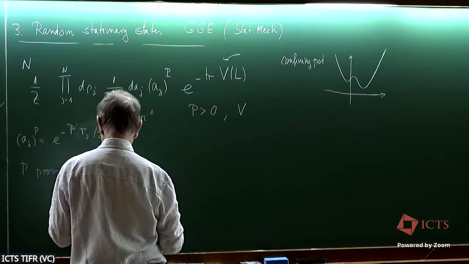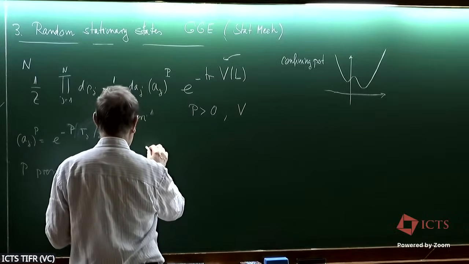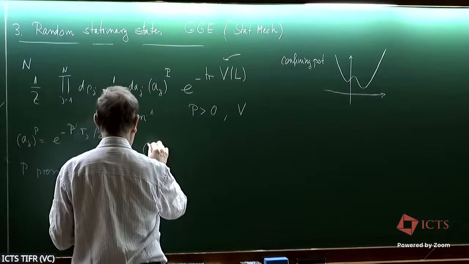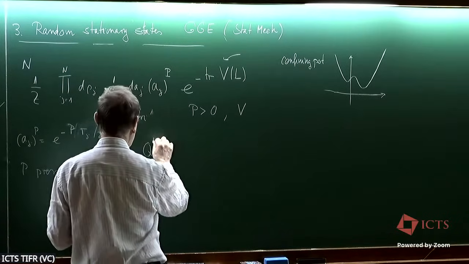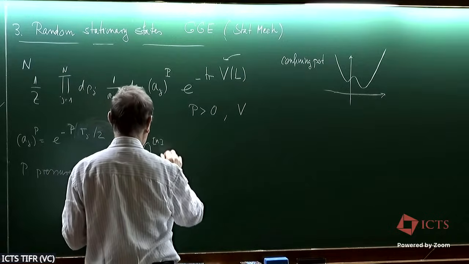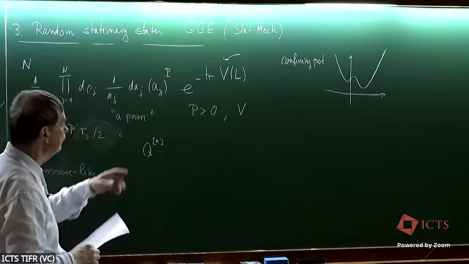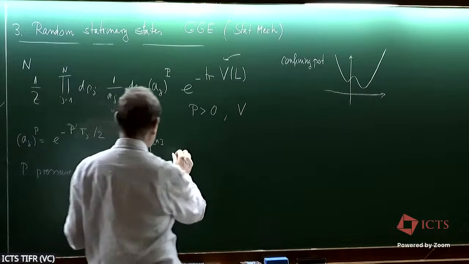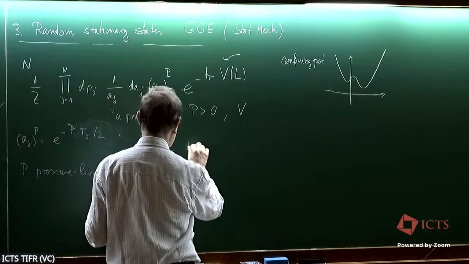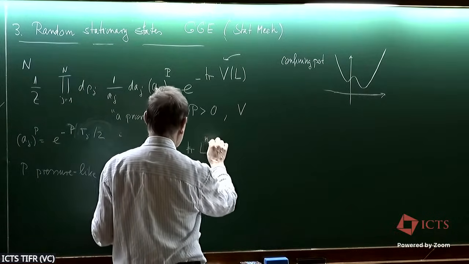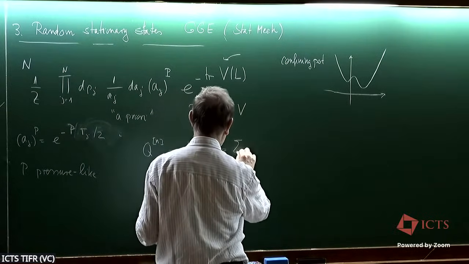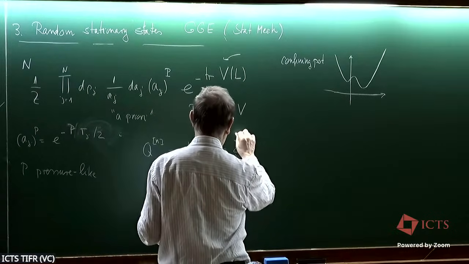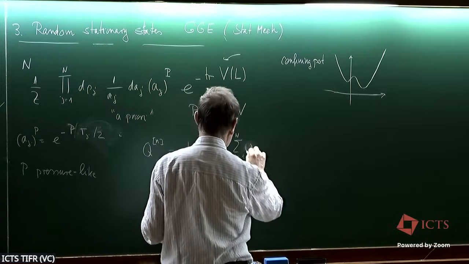First of all, you can introduce a more discrete labeling rather than having this function. This I would take as trace L to the power n. Now this I can write in terms of the sum of all the eigenvalues to the power n.